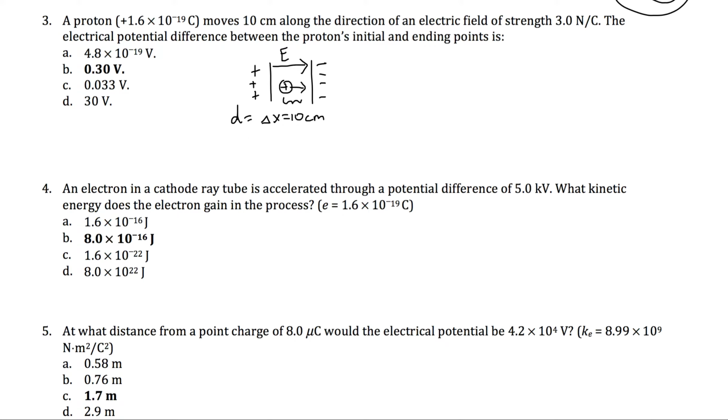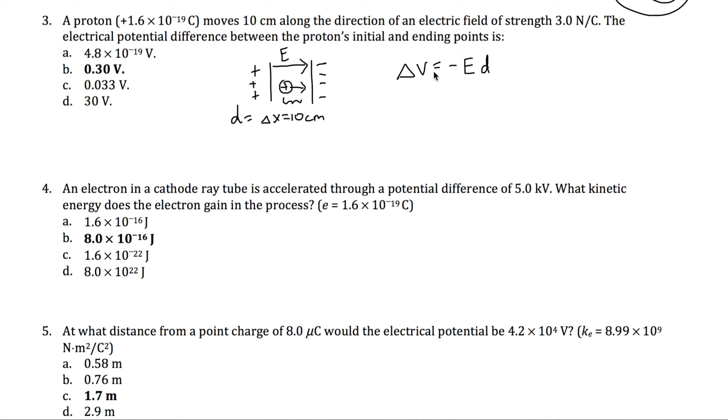So this is just a plug and chug where the definition of potential difference is equal to negative E times D. You can think of it that the electric field between 2 points depends on the potential difference between the 2 points.